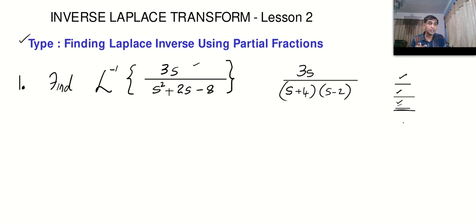All you have to do is use the solve polynomial option and feed this polynomial as an equation. And you will get the roots as minus 4 and 2, so that the factors will be s plus 4 multiplied by s minus 2.